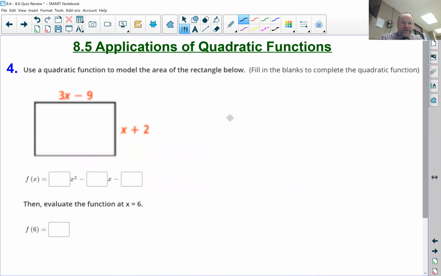In 8.5, we talked about applications, things like finding the area of a rectangle. So you would multiply that out using box or FOIL and fill in the coefficients, and then evaluate for x equals 6. So plug 6 in for x and tell me what the answer is.